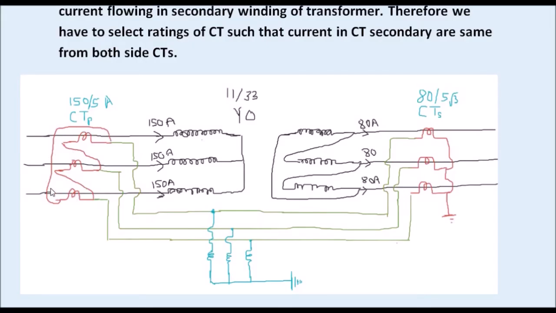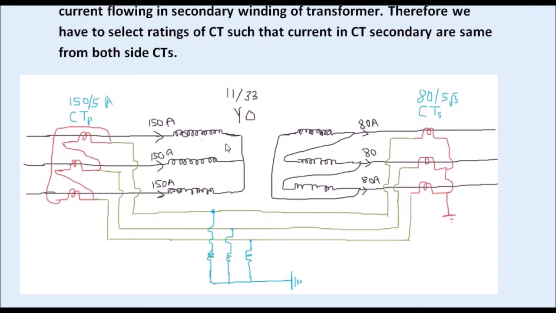That is, here the primary side CTs are connected in delta and secondary side CTs are connected in star, because we know that a star delta transformer or a delta star transformer creates phase shifts between the primary side voltages and secondary side voltages.